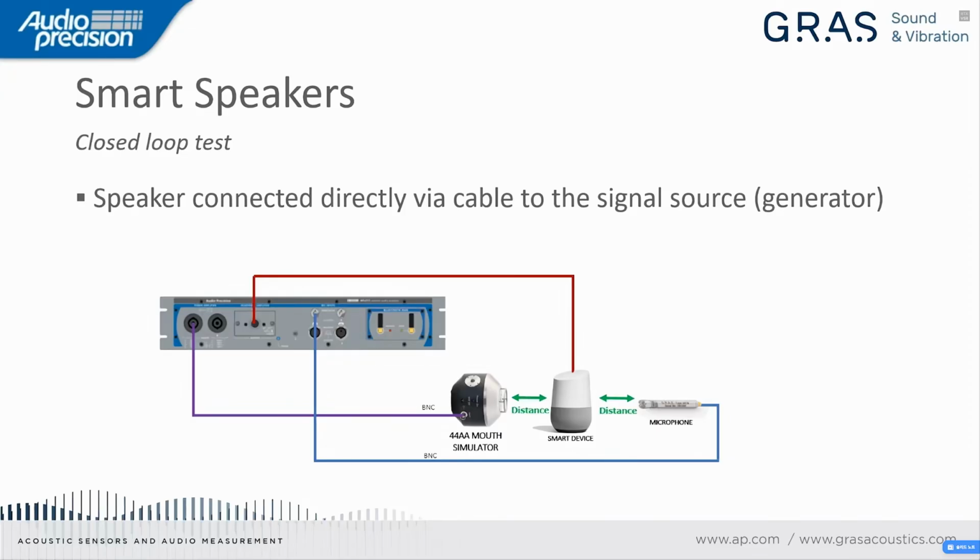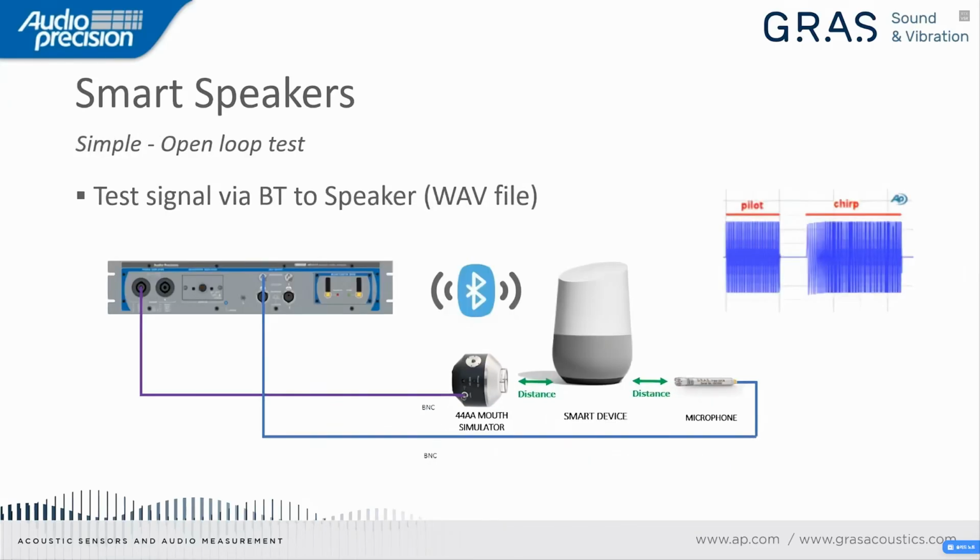But in most cases, we don't want to do a cable test. We would actually like to do it as an open loop test. Open loop test means that we actually load a file. It could be a WAV file, which is normally done on a smart speaker.